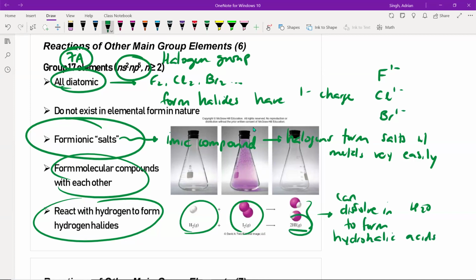So for example, when HI dissolves in water, we end up forming hydroiodic acid. If I had HCl dissolved in water, that would form hydrochloric acid.